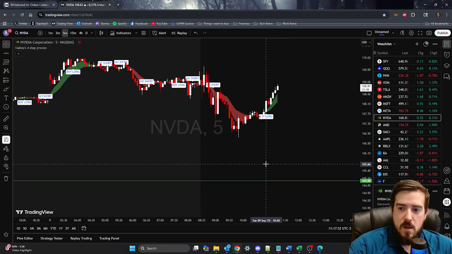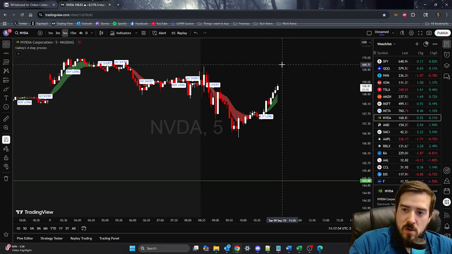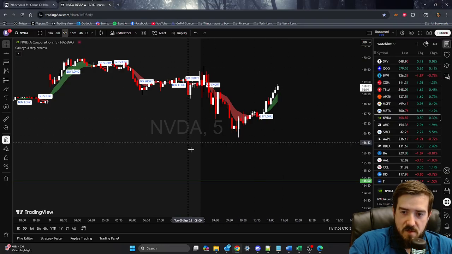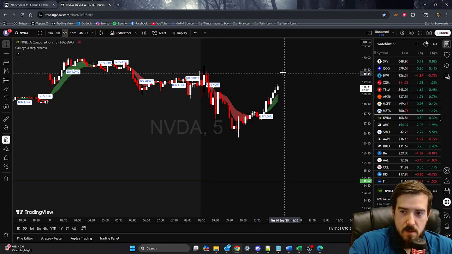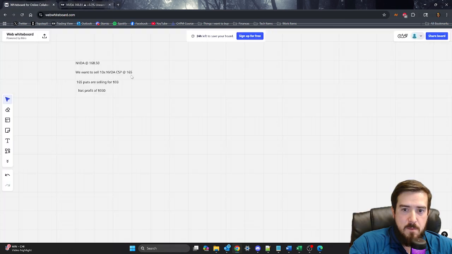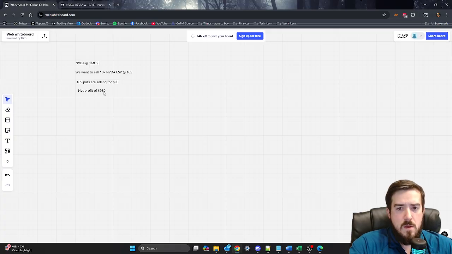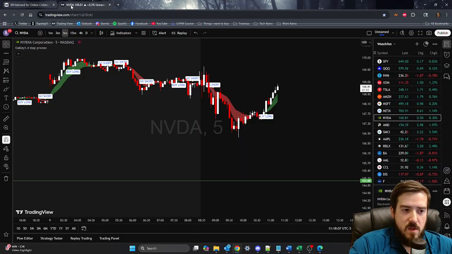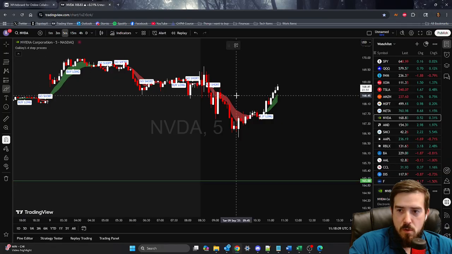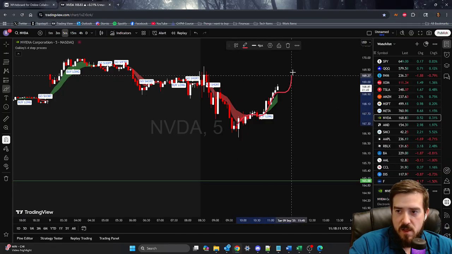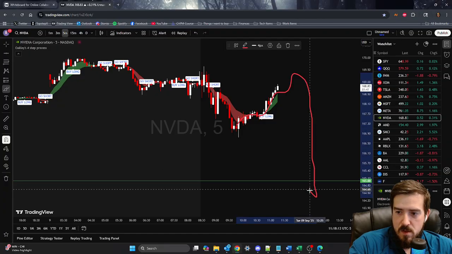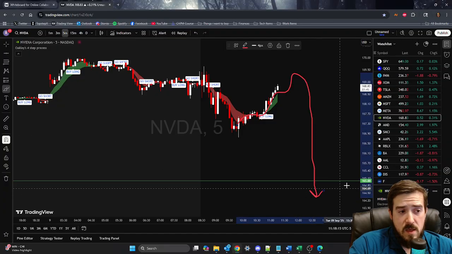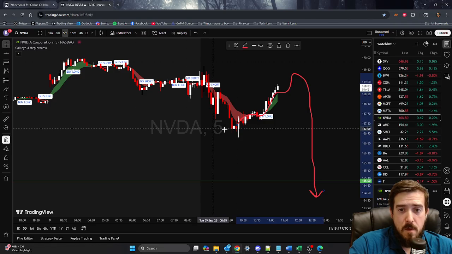So the idea is that as long as Nvidia stays above this green line, you get to keep that $930. That's great. If Nvidia falls below this green line, it does something like this, you still get to keep your $930.